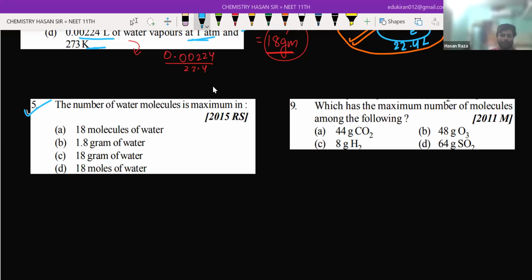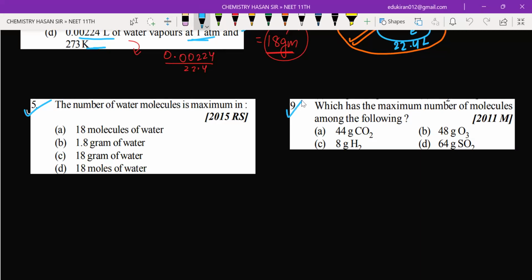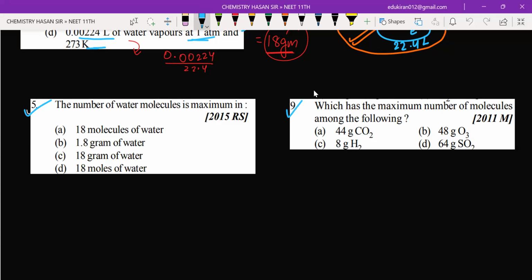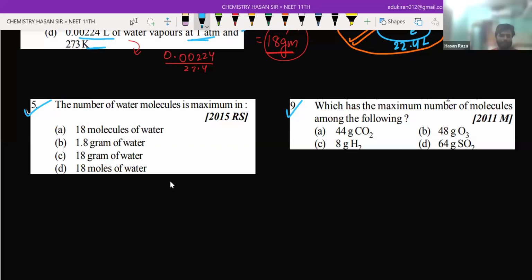Rishita, any answer for 9? So C. C is the answer. Very good. Siddhika, any answer? I sent them in chat, sir. 9C. Oh, very good. Both of you. Go for the next question. Both of you are correct.